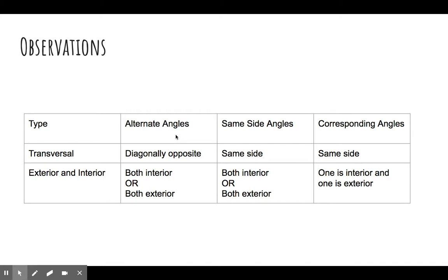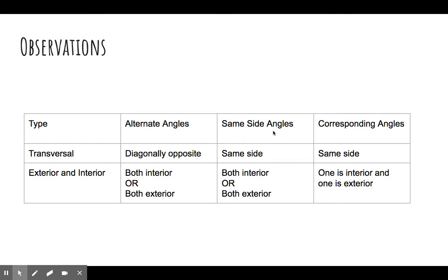If I'm trying to identify alternate angles, I'm looking for them to be diagonally opposite with respect to the transversal. And they have to be both interior or both exterior, depending on the name. So both alternate interior angles or alternate exterior angles.